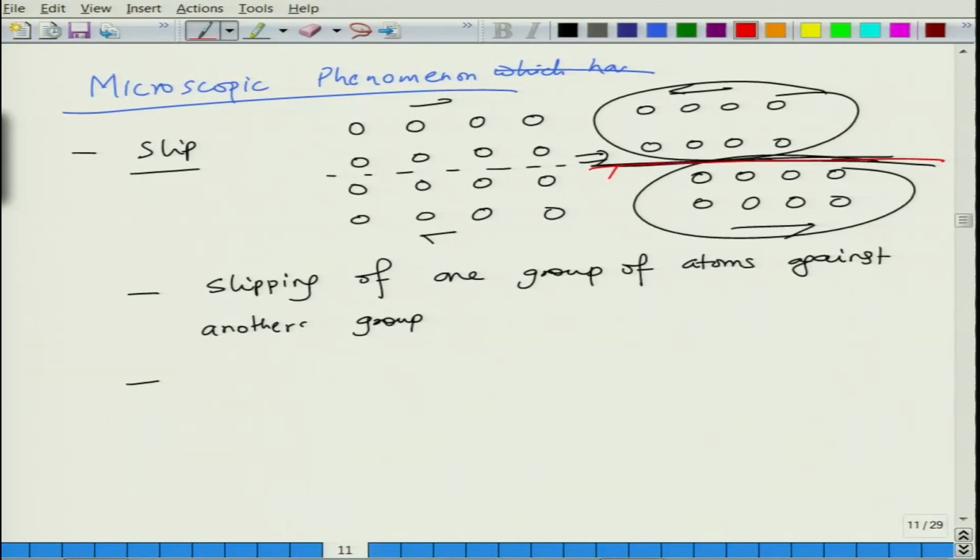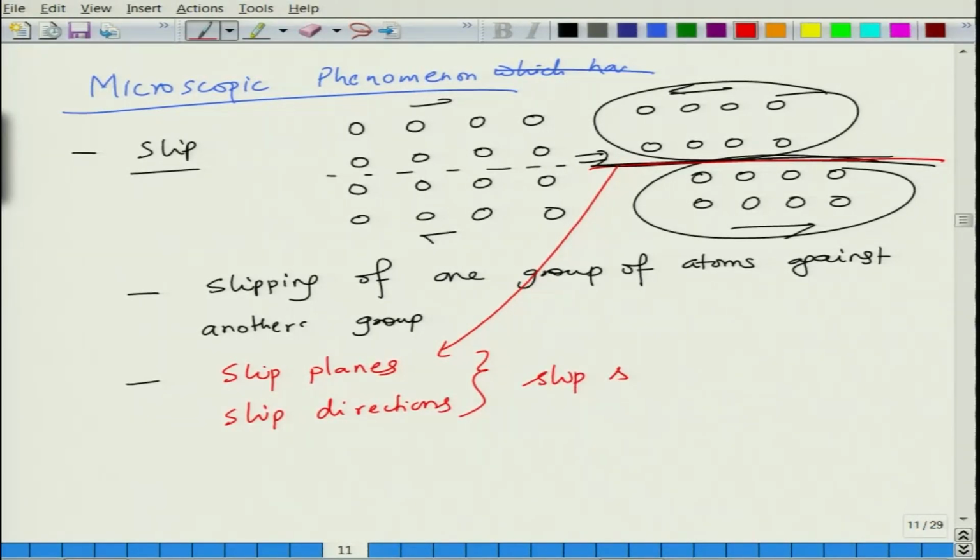The planes across which slip happens are called slip planes, and it happens only along certain directions, not along every direction. Together they make what we call a slip system. For every given crystal structure there is a specific set of planes and directions on which atoms tend to slip against each other. So this is the phenomenon of slip.